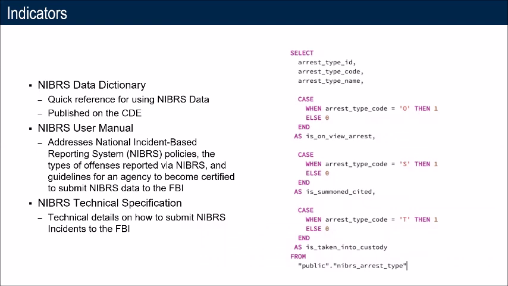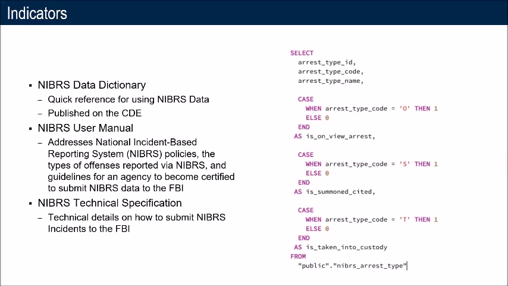So what we've been doing is going through the data dictionary that NIBRS provides, as well as the NIBRS user manual, which defines to police officers how they should be classifying these results for their reports. Those two have really been the big pieces, and we use those to create our definitions for what an indicator of interest needs to be, and then we write SQL code to pre-compute exactly what we're looking for.